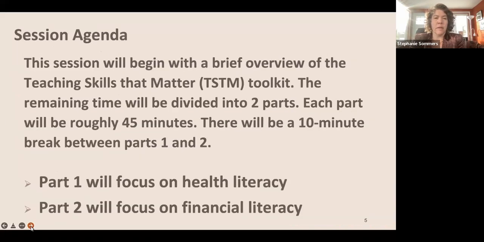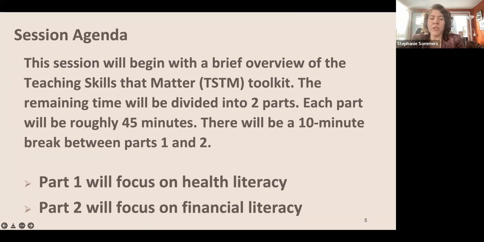I wanted to explain how our time today will be divided up. We are doing a 2-hour session. We will take a short break roughly in the middle of the session. During the first part, we'll be talking about health literacy.